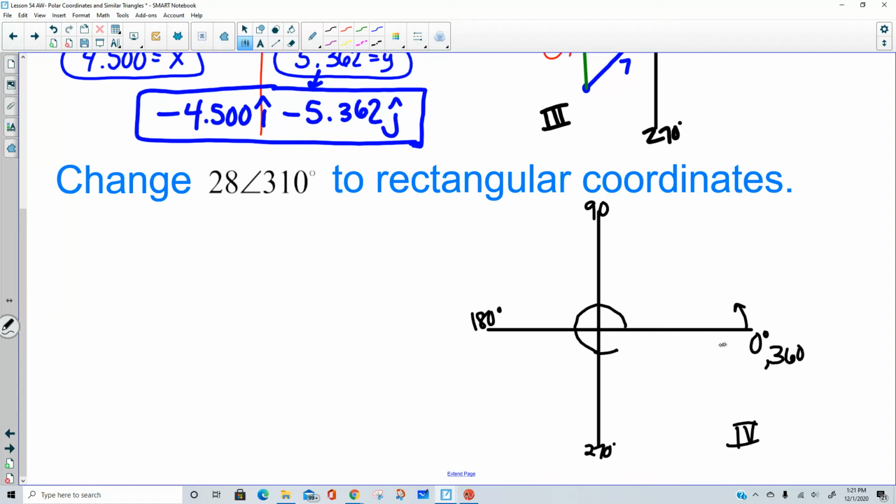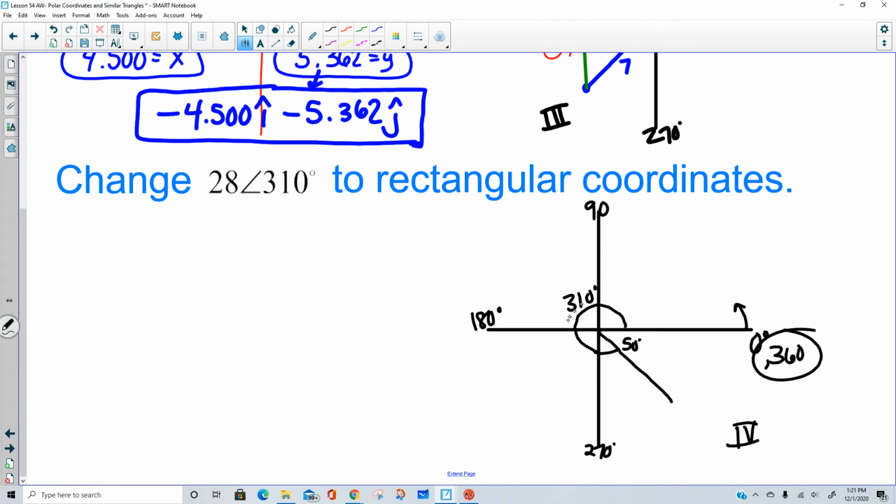It's actually another 50, because if we go all the way to 360, that would be too far. So we have to back up, and this has to be 50. Does that make sense? 310 plus another 50 would give me 360.